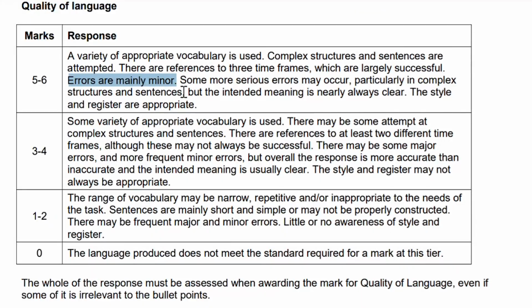And then here it says the accuracy of language is the next point that they're going to be looking for. And here you see minor errors. And then for 3 to 4, when there are more errors, it says more accurate than inaccurate. They're quite strict on the error side. It must be more accurate still than inaccurate. So you're allowed some minor errors and still get top marks.